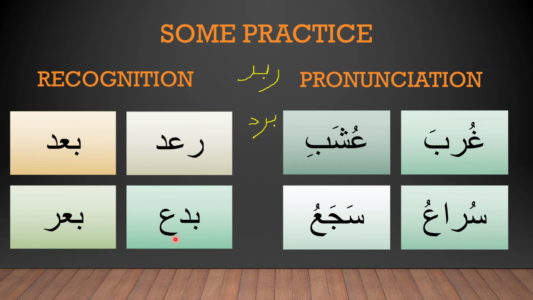The letter will be in its original form when it does not connect with the previous letter. At the ending the letter will be in the original form, and at the middle it will be in the beginning form. Can you see this? This Ain and this Ain is the beginning form and this is the original form. So even though it's at the end of the word, it's at the original form.